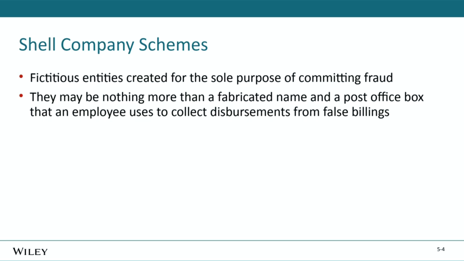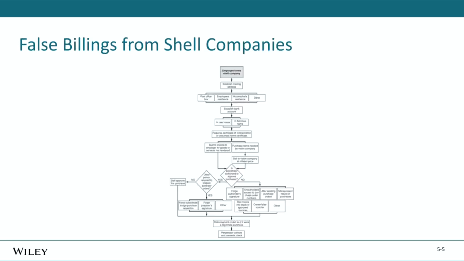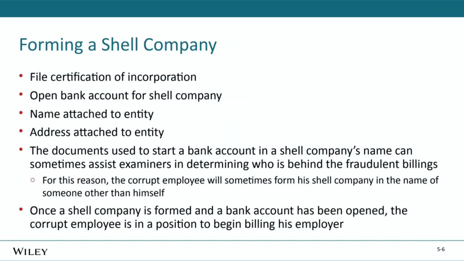As I say, we had a university in Illinois where an employee had a company of their own where they were doing refurbishing of kitchens, and they used that to pull off a scheme. But generally, it's a company created to do this. There's your flow chart for these types of schemes.